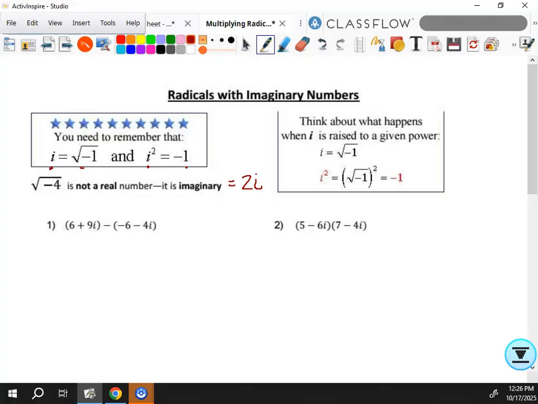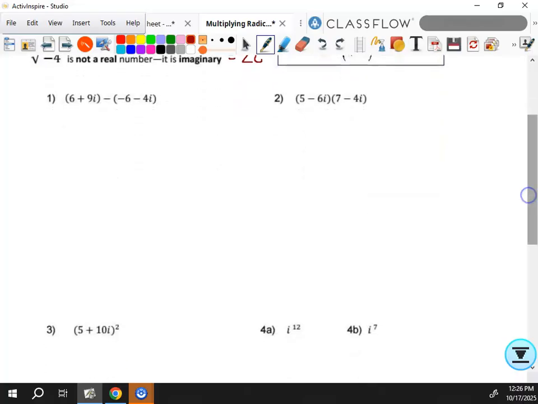All right. So let's look at number 1. We're not actually multiplying the 2 terms together like we were on the other side. This is just addition and subtraction, but I've left this one on here because this is what messes some of us up. We have to make sure that we actually distribute that negative, and that this actually gives me 6 plus 9i, and then that's plus 6 plus 4i.